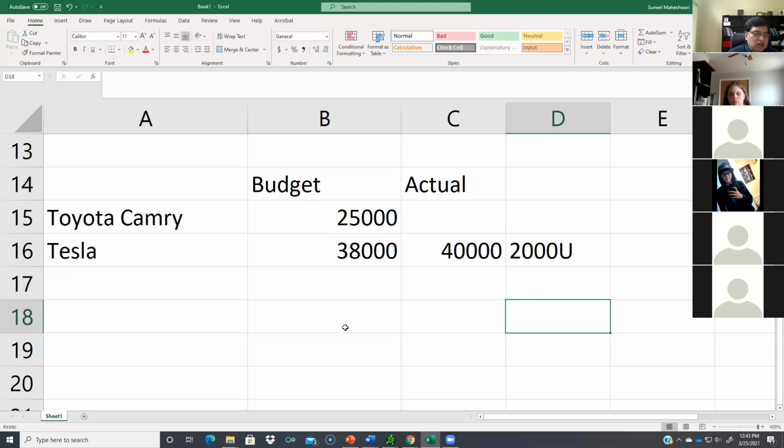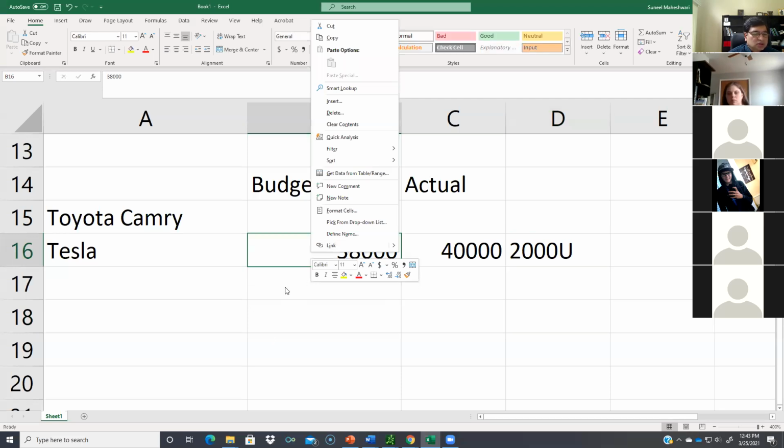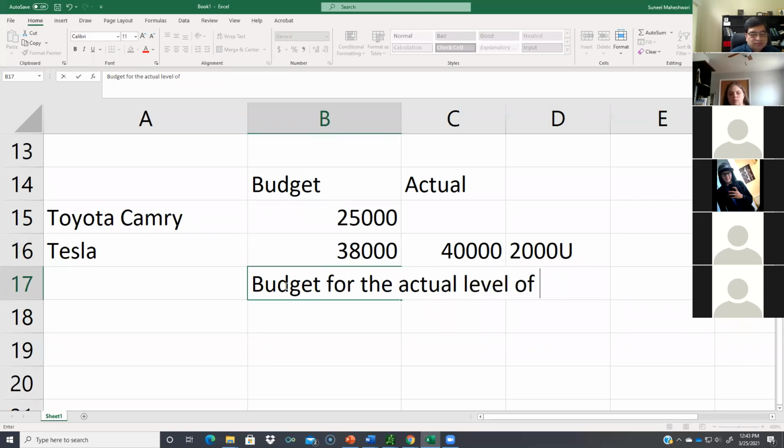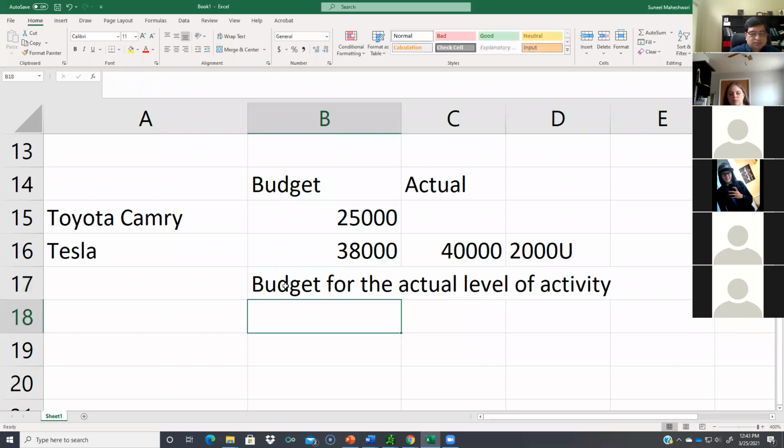So in this case, this $38,000 is what we call the budget for the actual level of activity. Actually you bought one Tesla, that's the budget for it.